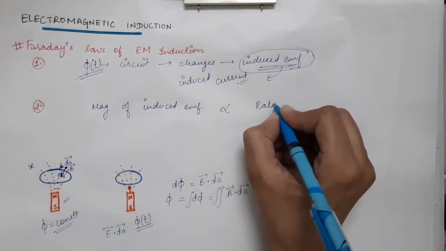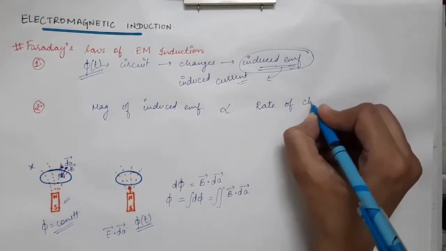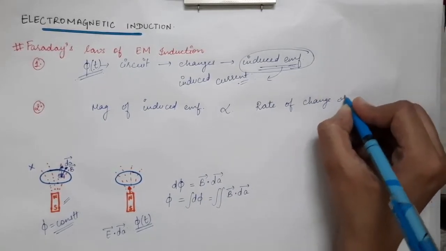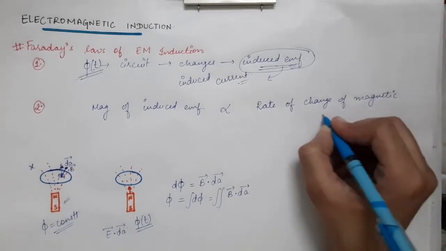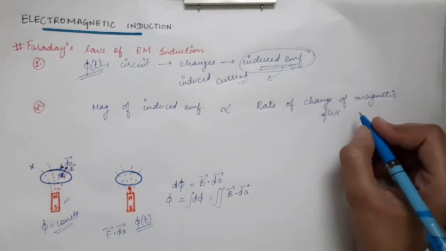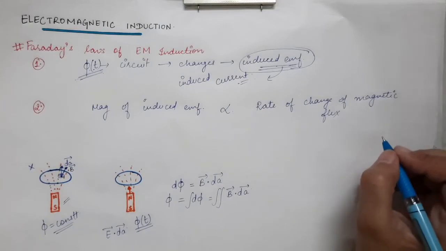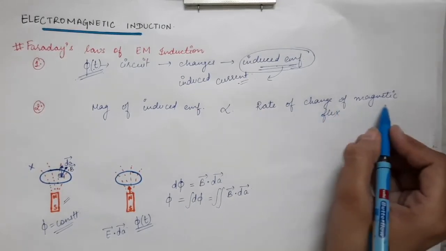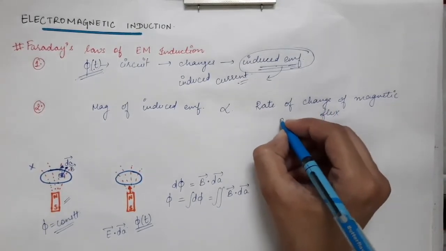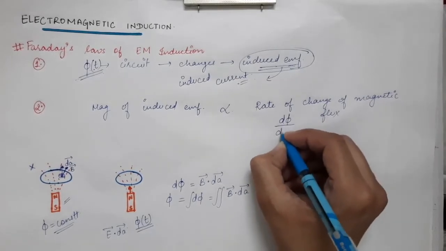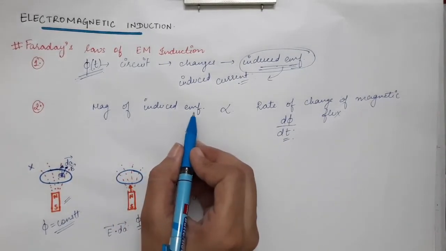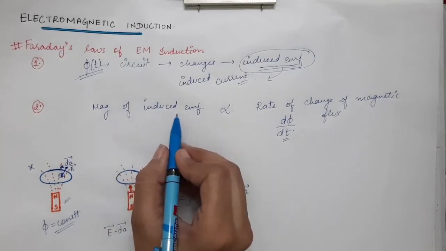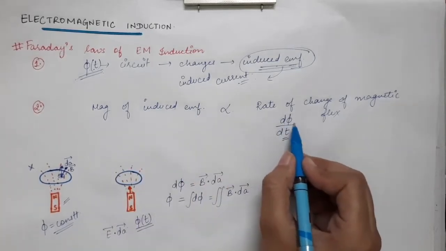And what is the rate of change of magnetic flux? That is just d phi by dt. So the magnitude of induced EMF will be directly proportional to d phi by dt.